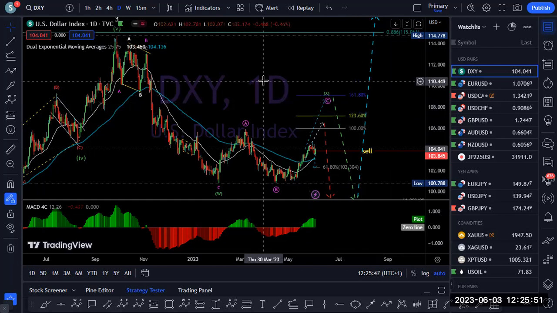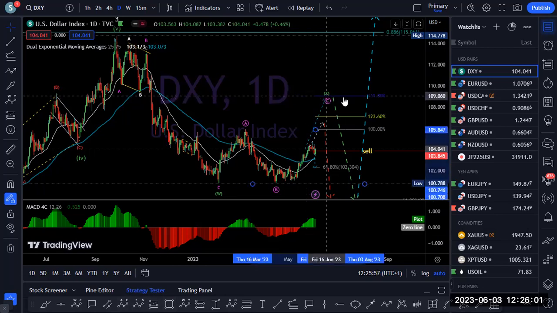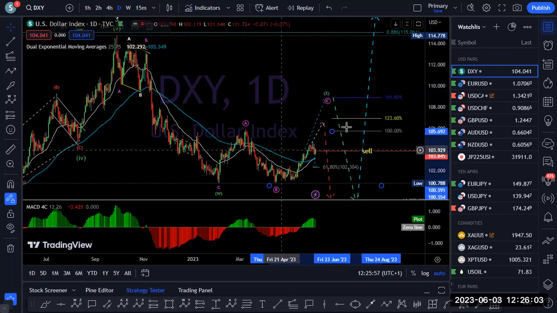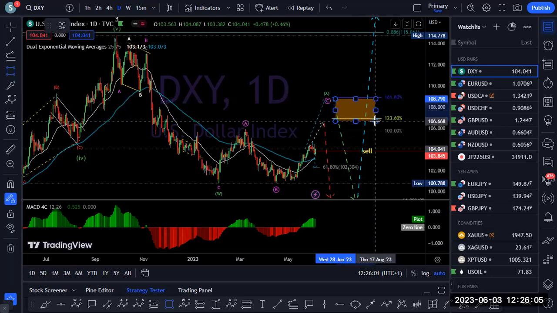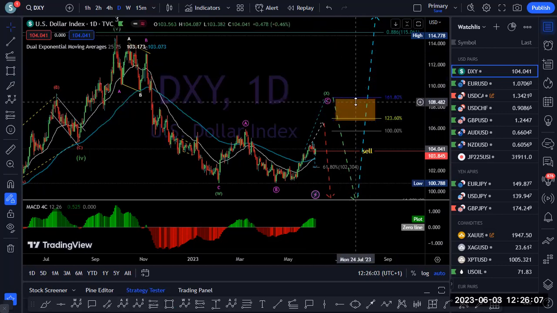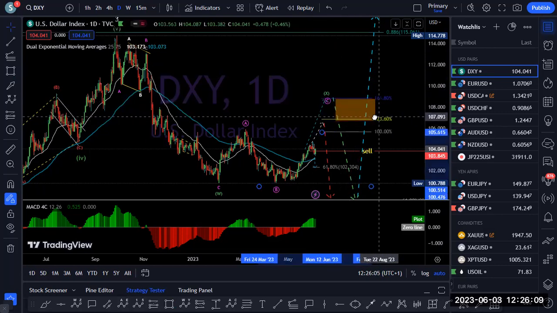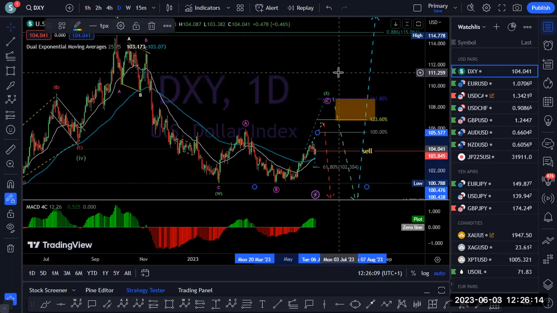Having said that, let me also say that when you see a box in my chart, something like this, it doesn't mean that the market must reverse here. It simply means expected reversal zone.